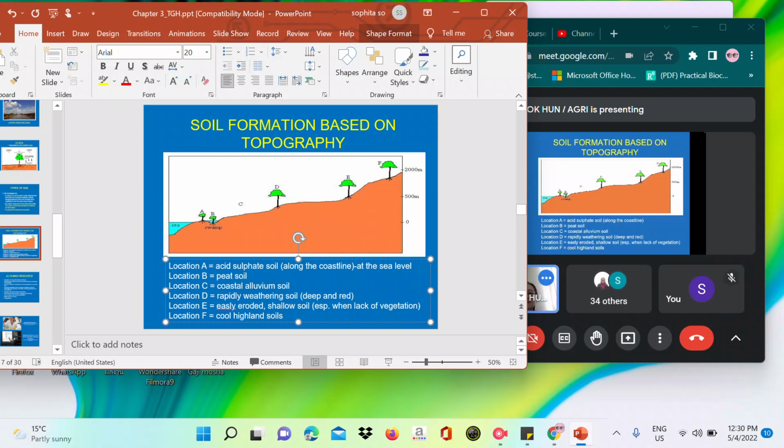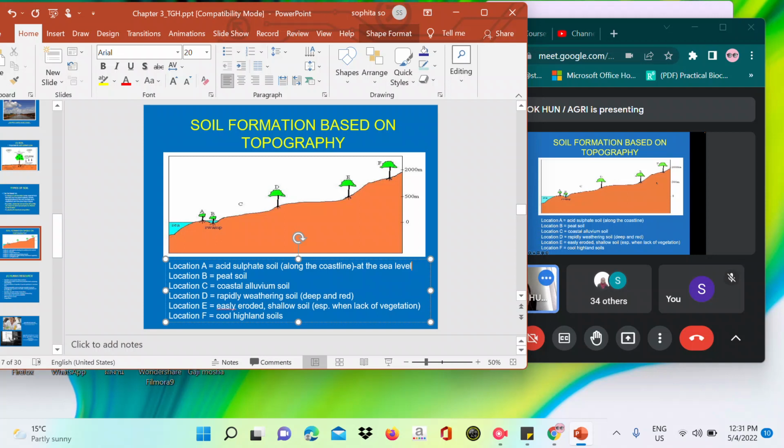That means as you go higher, the temperature decreases, so the type of soil also becomes smaller. And then location F, cool highland soil. So this is the top of the hill. You can see the profile of the soil is also different. They have different levels.